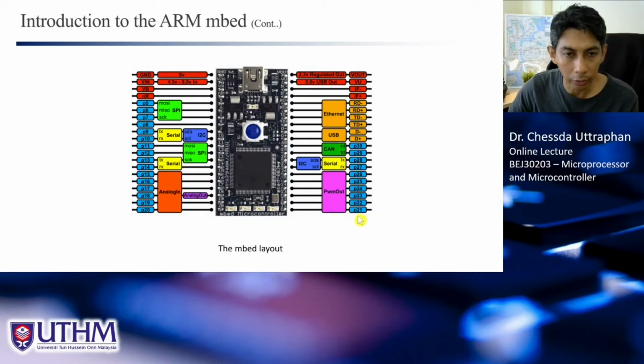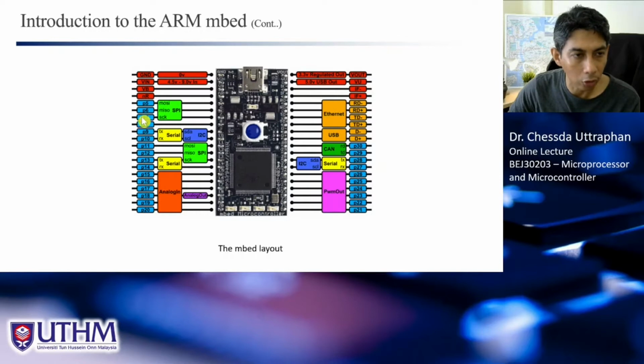Here we can configure as a digital I/O, and here 6 pins we can have analog input, and we have one analog out, P18, and we have Ethernet.